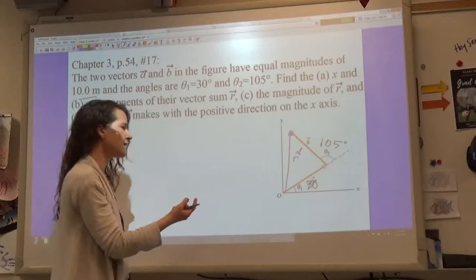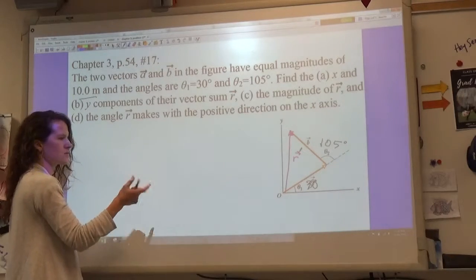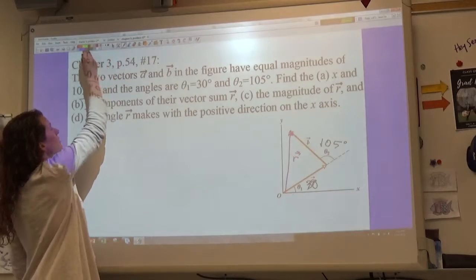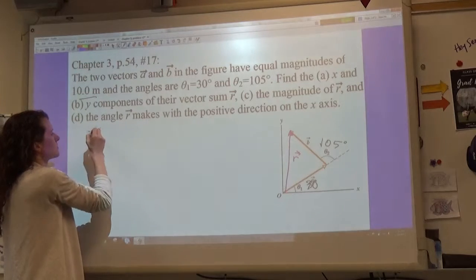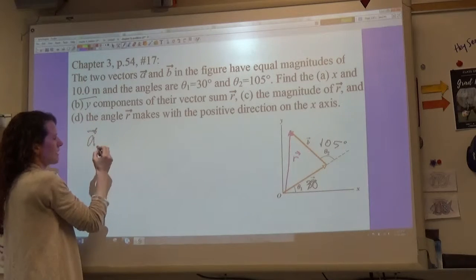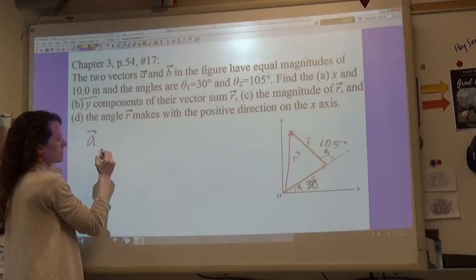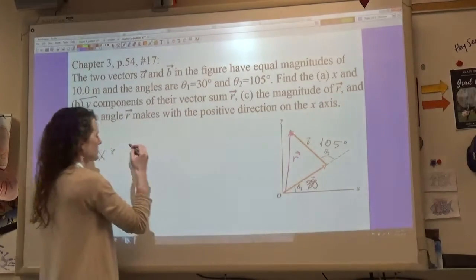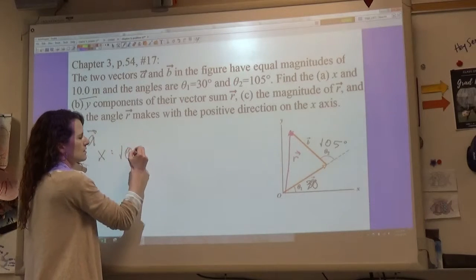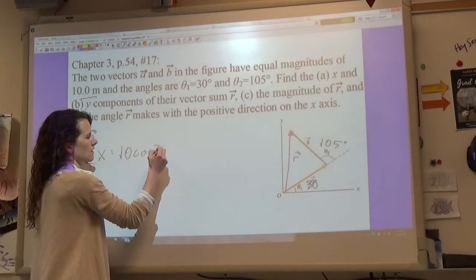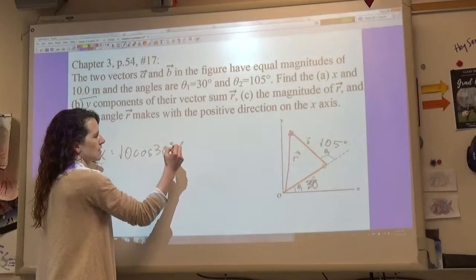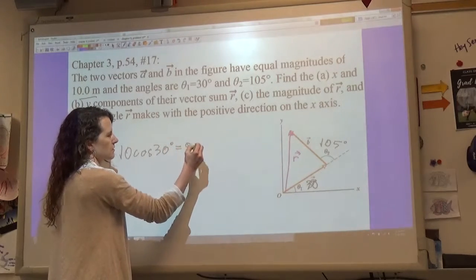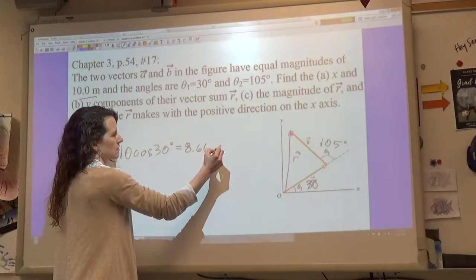So next I'm going to break things down into the x and y components. First I will use A. In the x direction, we know that it has a magnitude of 10 and an angle of 30. So in the x direction, we have 10 times cosine of 30 degrees, and this will equal 8.66 meters.